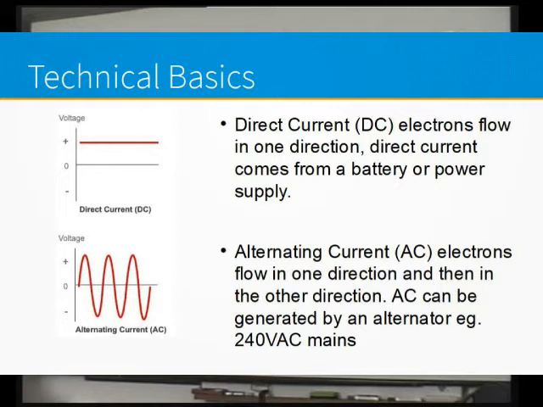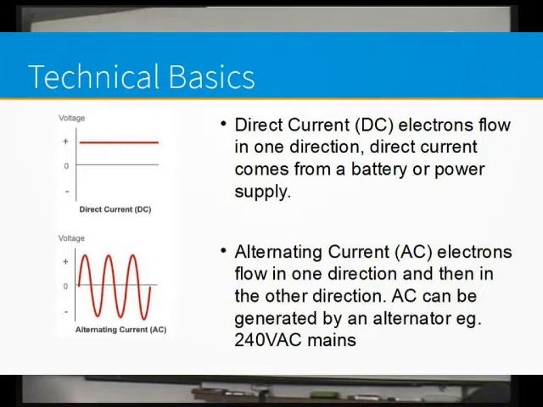Whereas there is another concept which is alternating current, which is what comes out of your mains outlet. And all that means is that the flow of electrons changes over time. It goes positive for some of the time, goes negative, and keeps doing that. It alternates from one polarity to another.